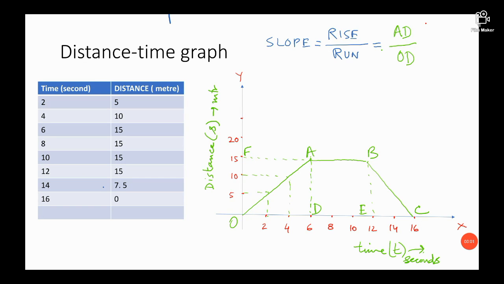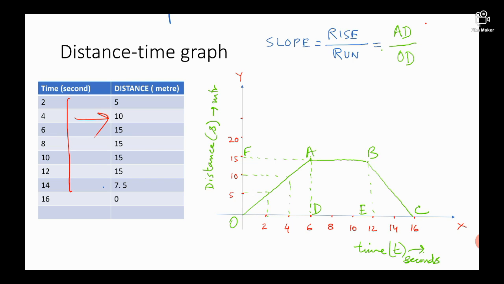If we plot distances traveled by an object which was traveling in uniform speed, that means equal distance in equal intervals of time. We see here every 2 seconds there was a distance traveled of 5 meters by the object.